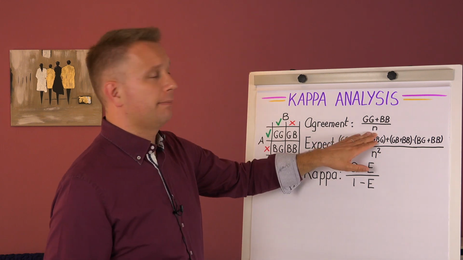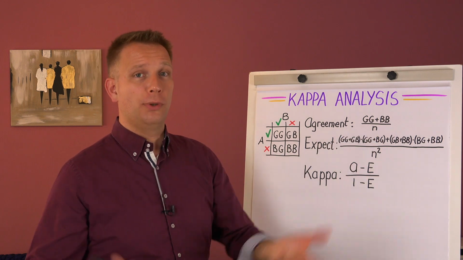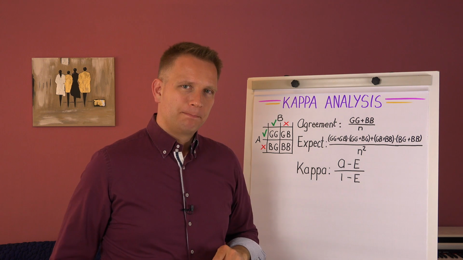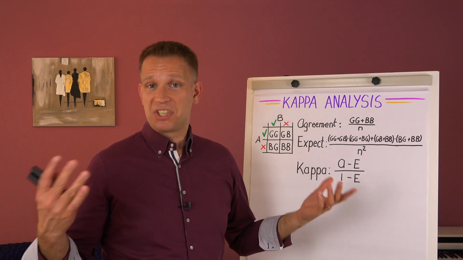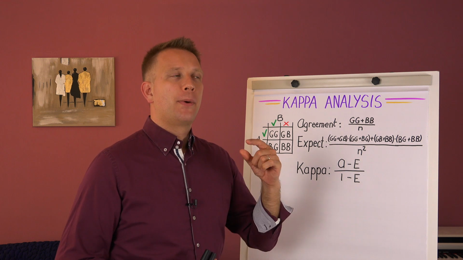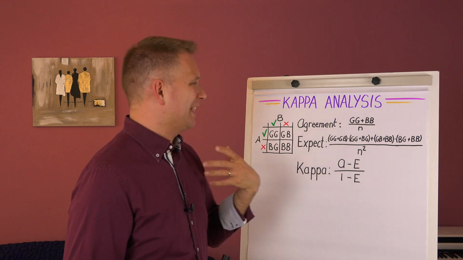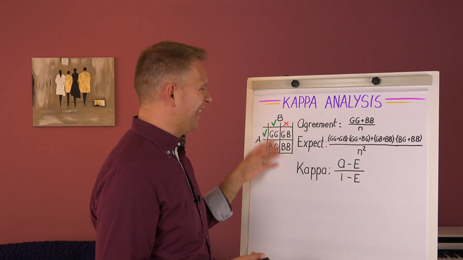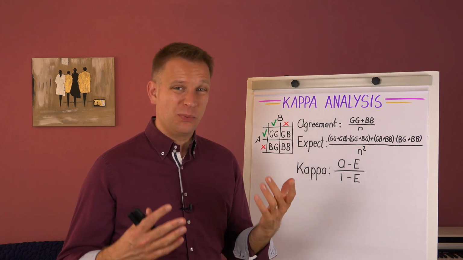Then you divide that by 20 in our example, so the total number, you add them all up. And we compare that to what we would statistically expect to happen. Now, we don't really expect that there is a certain percentage of good or bad, because we don't really know.